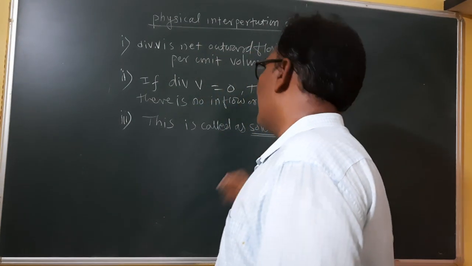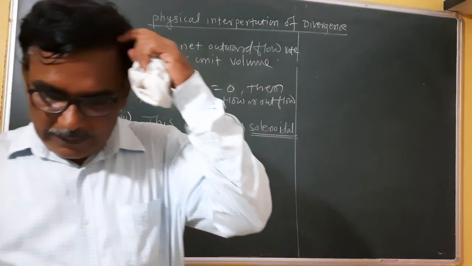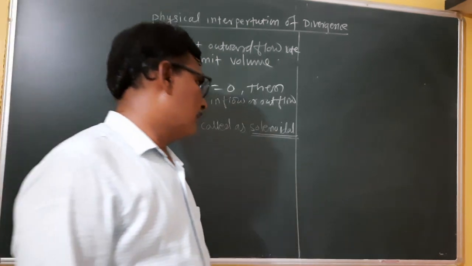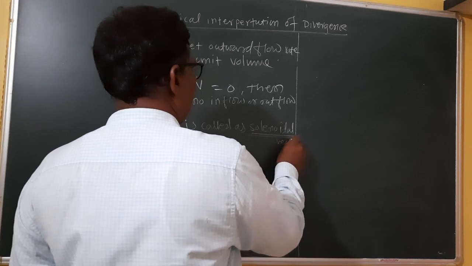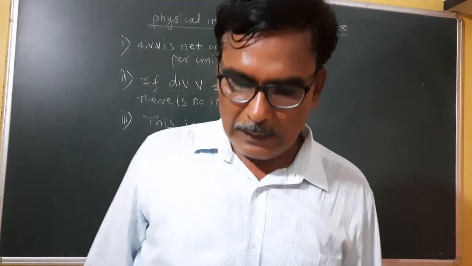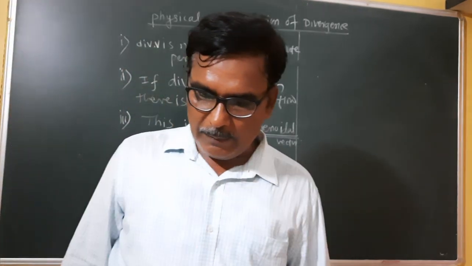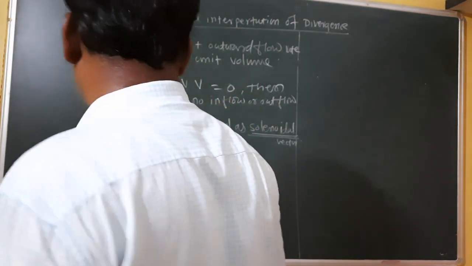Very important property: a vector whose divergence is zero is called a solenoidal vector. Next, if the inward flow is the same as the outward flow, we get divergence of V equals 0.